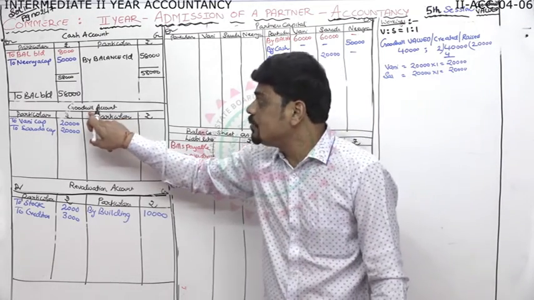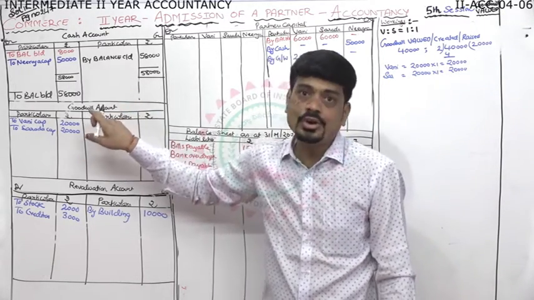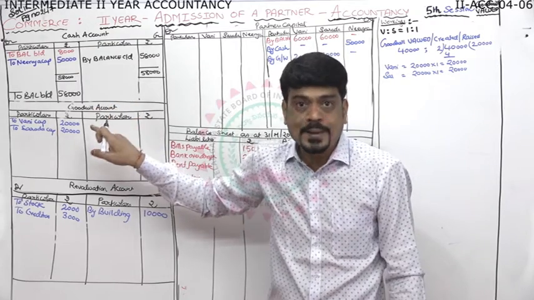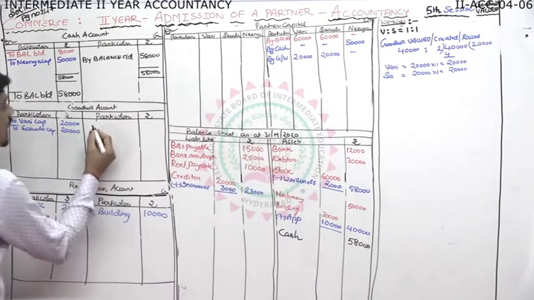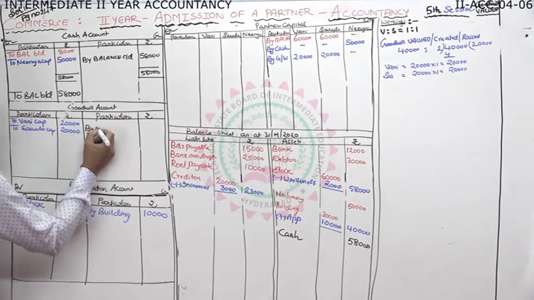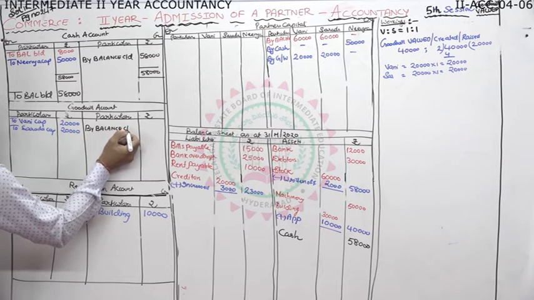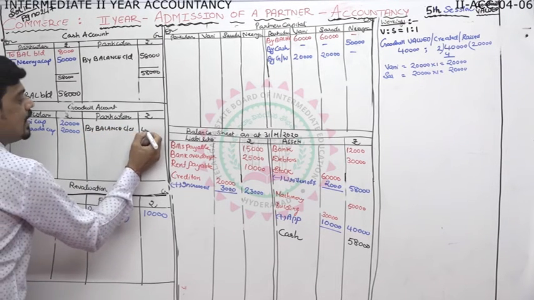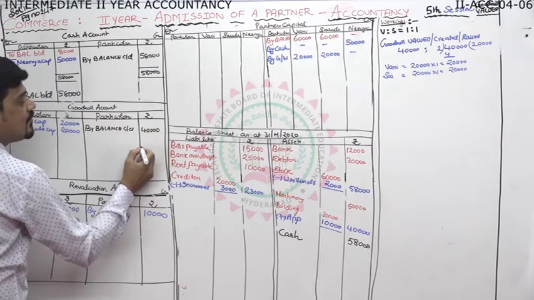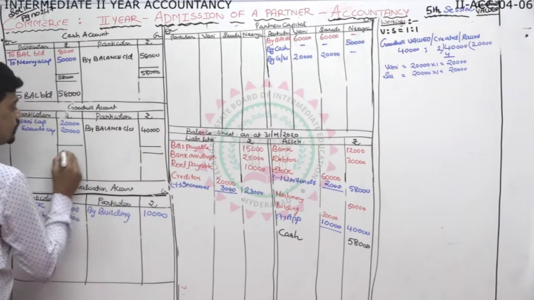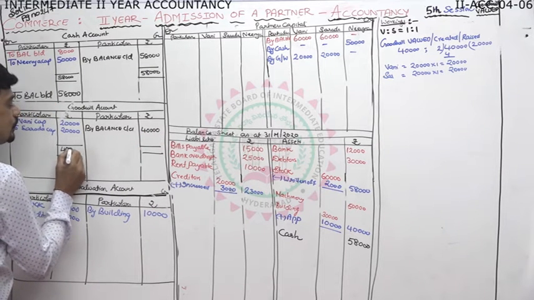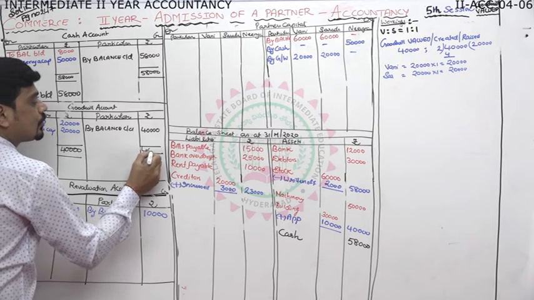Being an intangible asset, it is going to show the debit balance. So we'll balance goodwill account very carefully by balance carried down. 20 and 20, 40,000 was the goodwill valued, close. 40,000 closed.